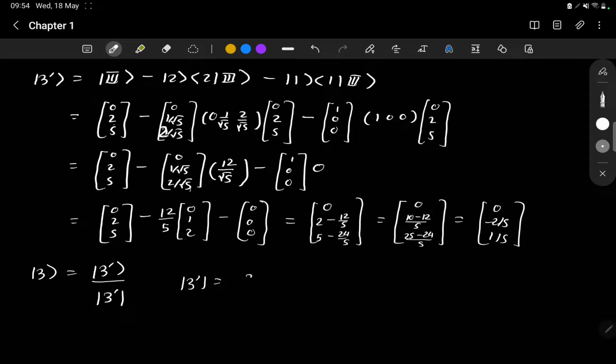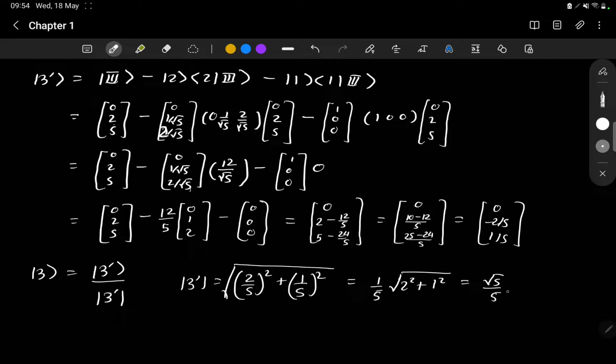So the length is the square root of 2 by 5 whole squared plus 1 by 5 whole squared. Taking 1 by 5 common outside, 2 squared plus 1 squared, this is root 5 over 5, which is 1 over root 5. So this is the length.